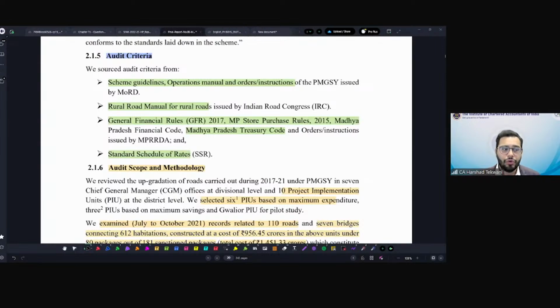You prepare the report and you issue the report. So this is what we are also seeing simultaneously. This is nothing but your reporting part. So this is how a compliance audit is done.